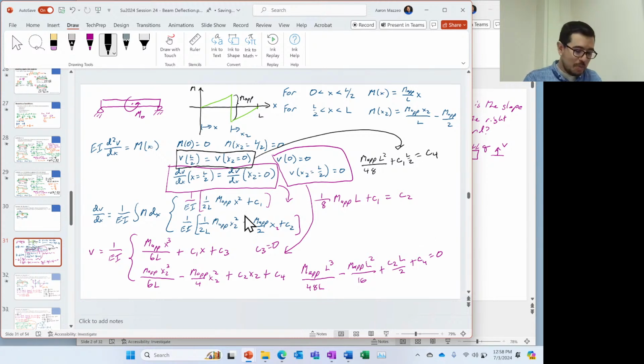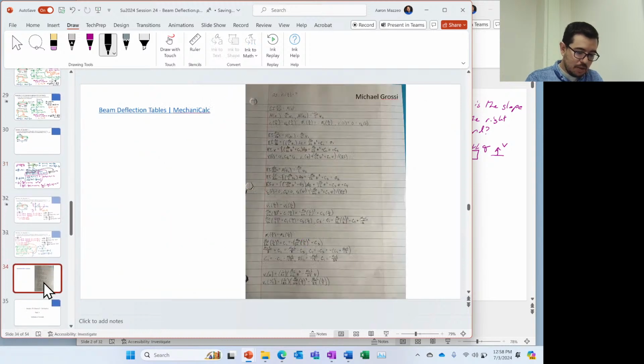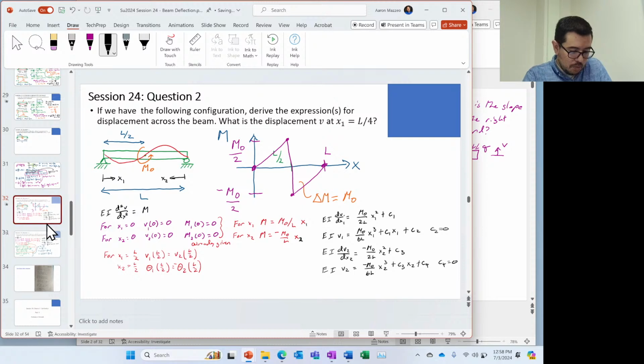If you look at these notes, I can show you what I did at this point. I did x1 from the left and x2 from the right. If you do that, I think it's a little more intuitive, but the boundary conditions we're going to use are still similar.